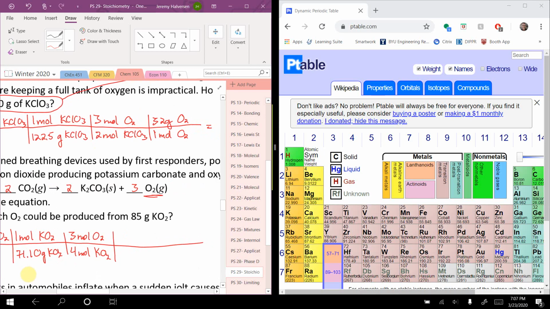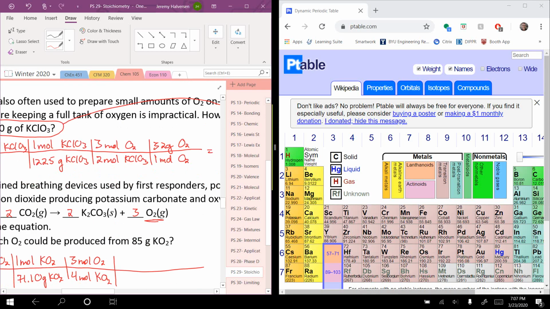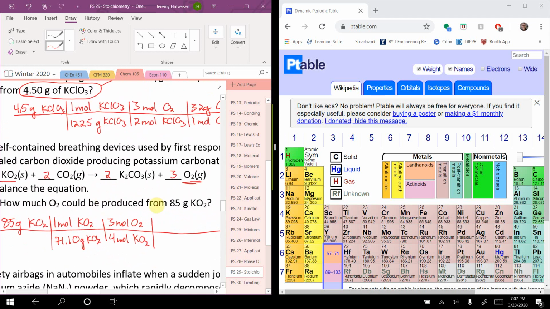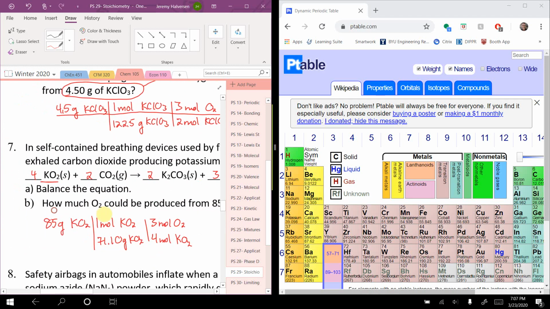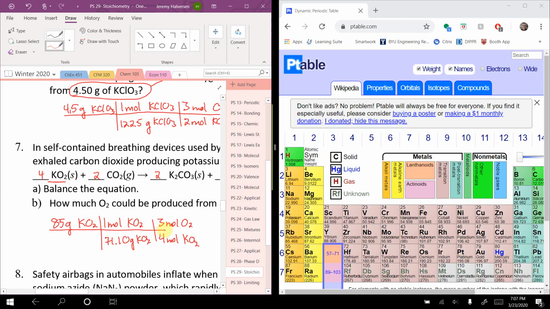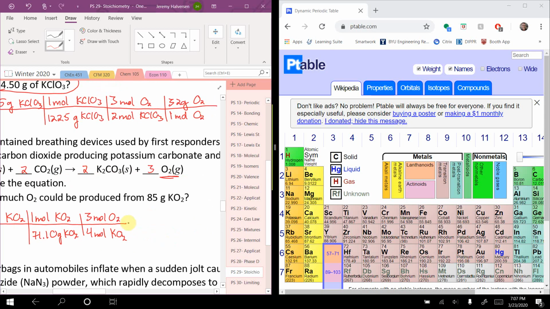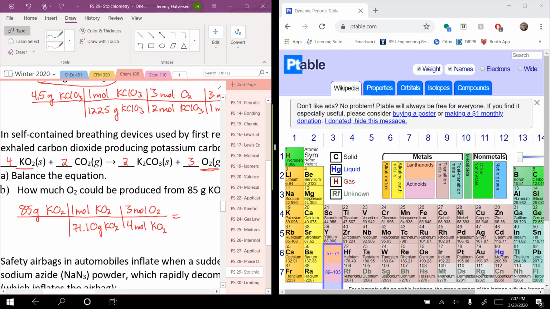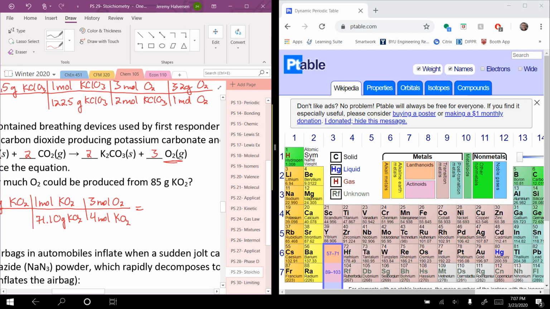And how much O2 could be produced? That doesn't specify grams, so we could just solve this in moles and be done with it. Okay, 85 divided by my molar mass times 3 divided by 4, and that gives me 0.897 moles of O2.